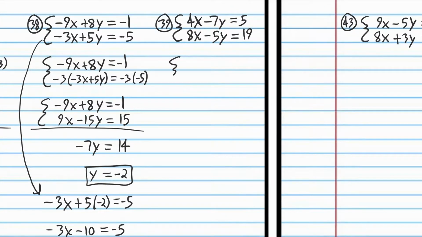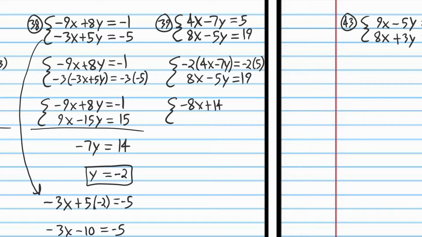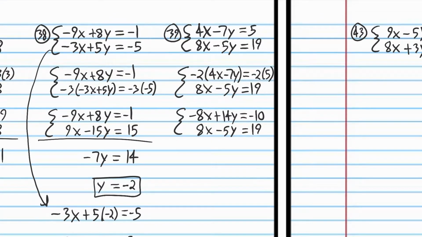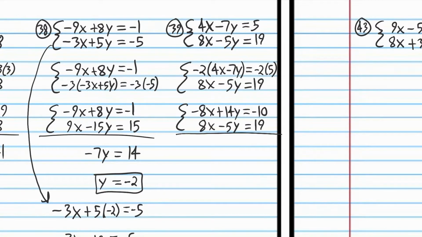All right, we're back. So I'm going to multiply the top equation by negative 2, and then I'll get negative 8 here. And we're ready to add them up.